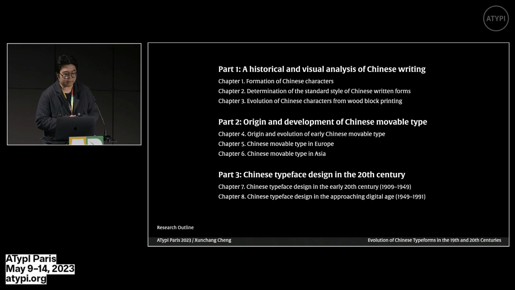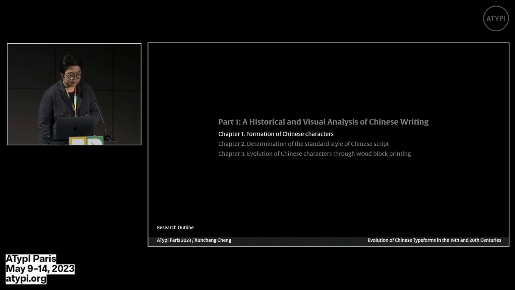Part 2 is the origin and development of Chinese movable type, and part 3 is typeface design in the 20th century. Considering the lack of understanding of Chinese characters by non-native Chinese speakers, in part 1 I will give an overview and visualize the Chinese writing system, which is divided into 3 small chapters. Now I'll briefly go through part 1.